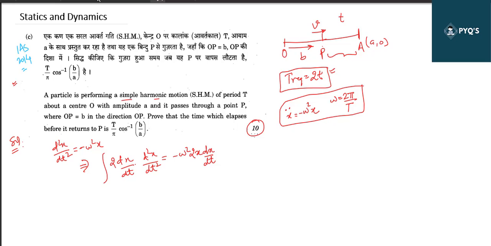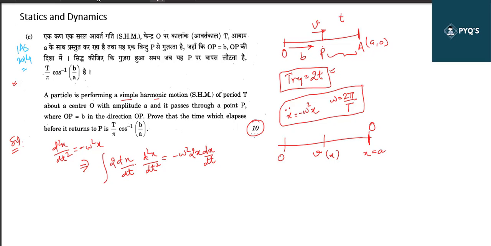Now what we are doing, we are finding the velocity at a general point x. Suppose v is the velocity at general point x, and at the point x equals A, velocity is 0.